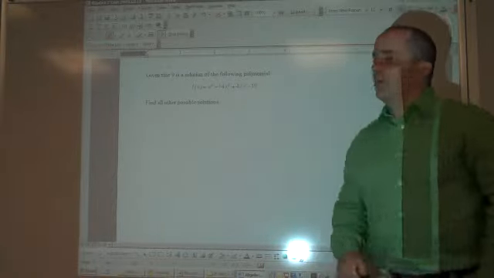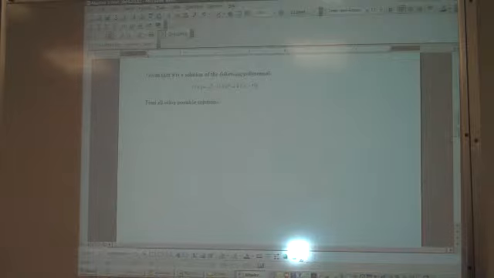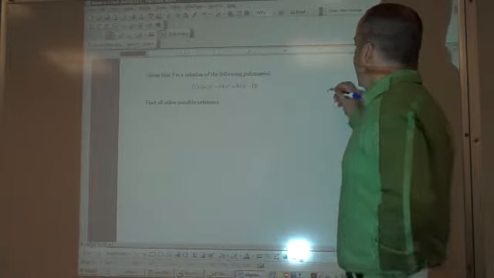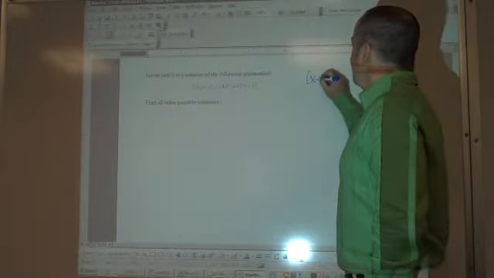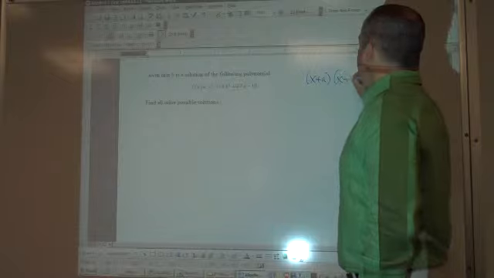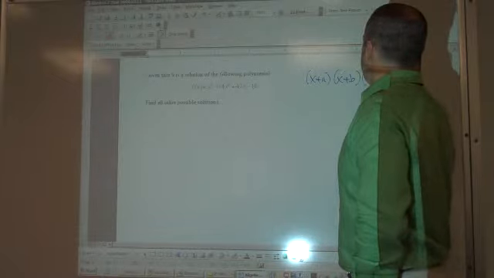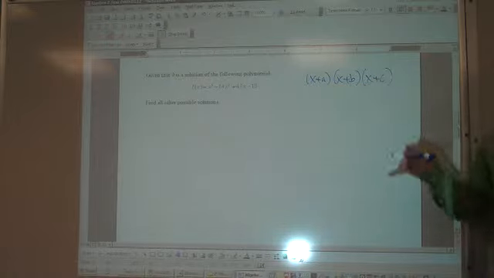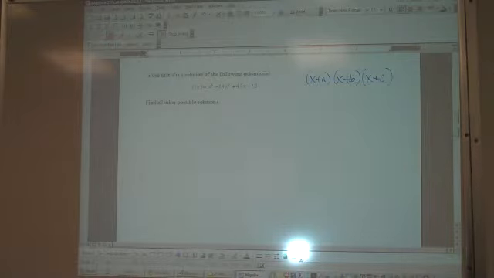This was based on the idea, and I'll do this part on the board, in the review part here on the board. The idea that if you have x plus a times x plus b times x plus c, in other words, a polynomial made up of a lot of linear terms multiplied together, you can make some predictions.